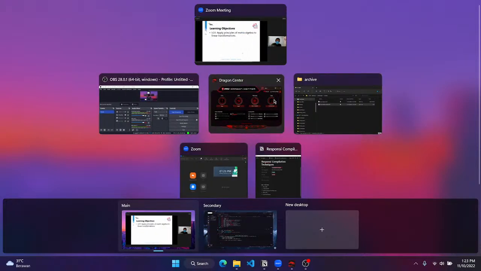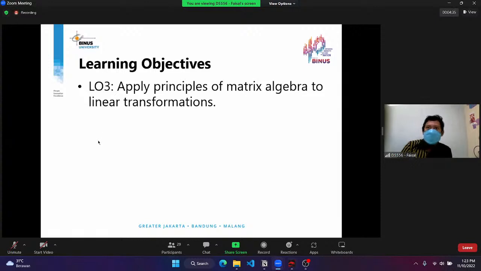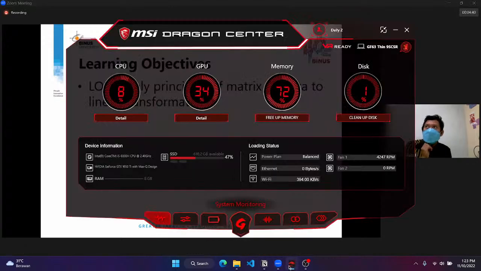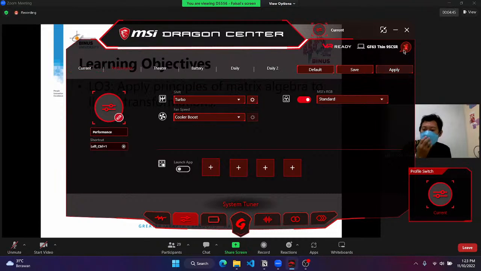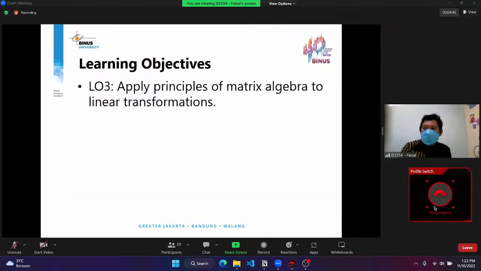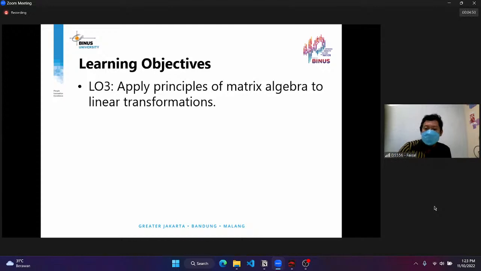In this session, I will introduce some geometric transformations, where we apply a transformation using an algebraic approach, or the transformation will be directly computed or calculated using algebra.